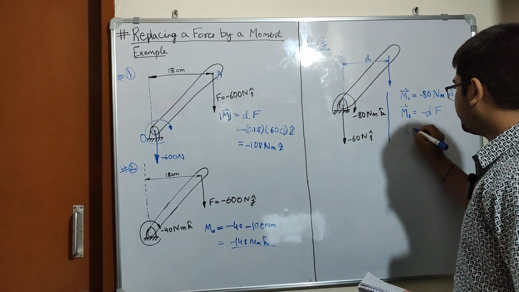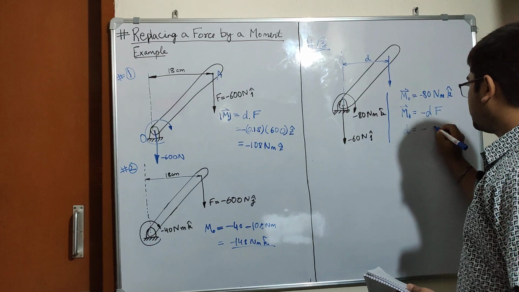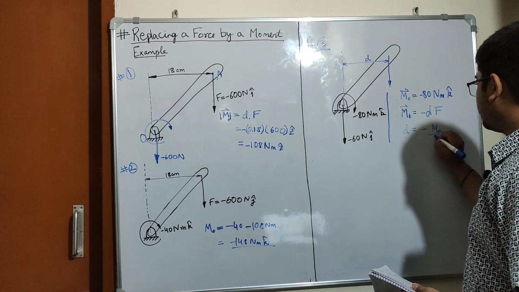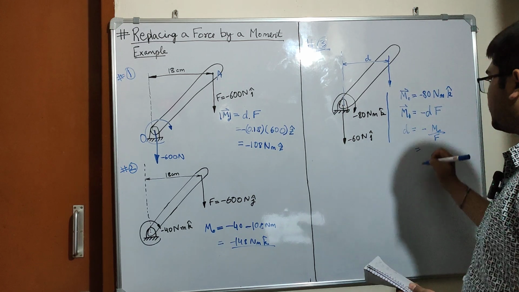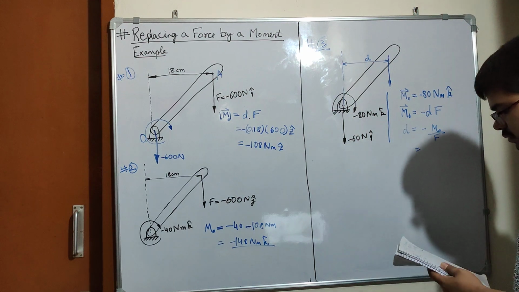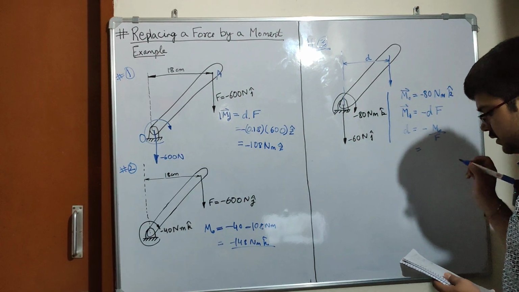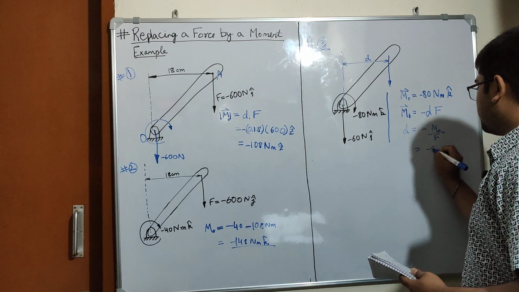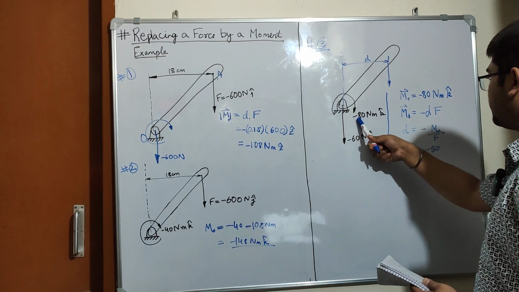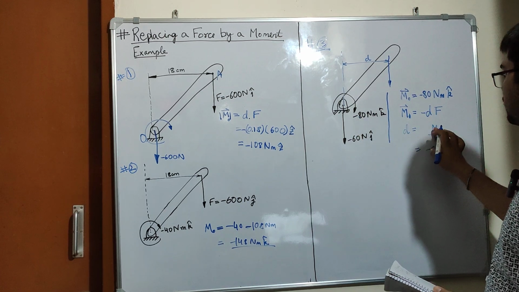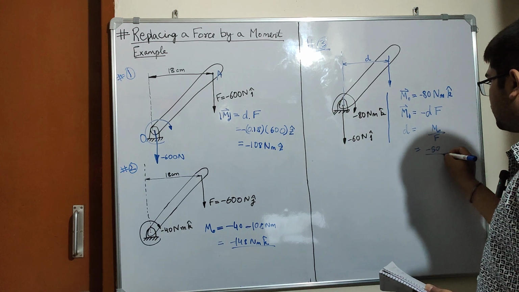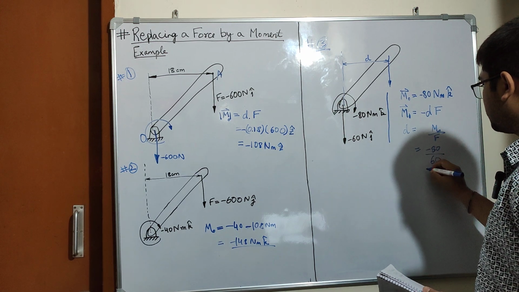And d will then be minus M_O over F, that is equal to minus 80 over 60. M_O is minus 80 over 60.